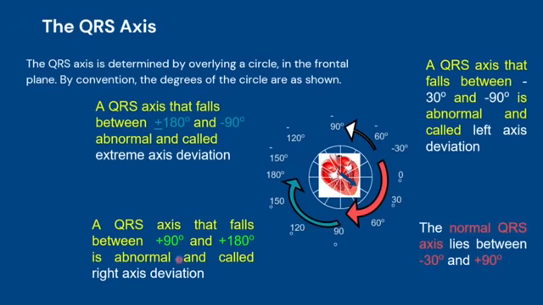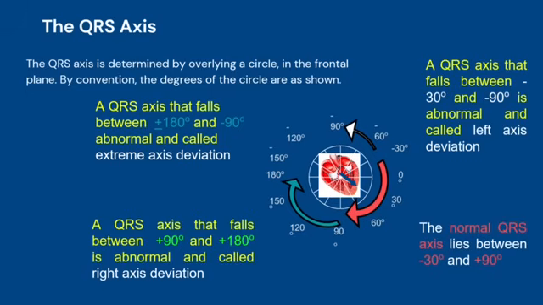And if it is between minus 90 and plus or minus 180, we call it extreme axis deviation. So we have normal axis, minus 30 to positive 90; minus 30 to minus 90 is left axis; positive 90 to 180 is right axis; and minus 90 to plus or minus 180 is extreme axis deviation.